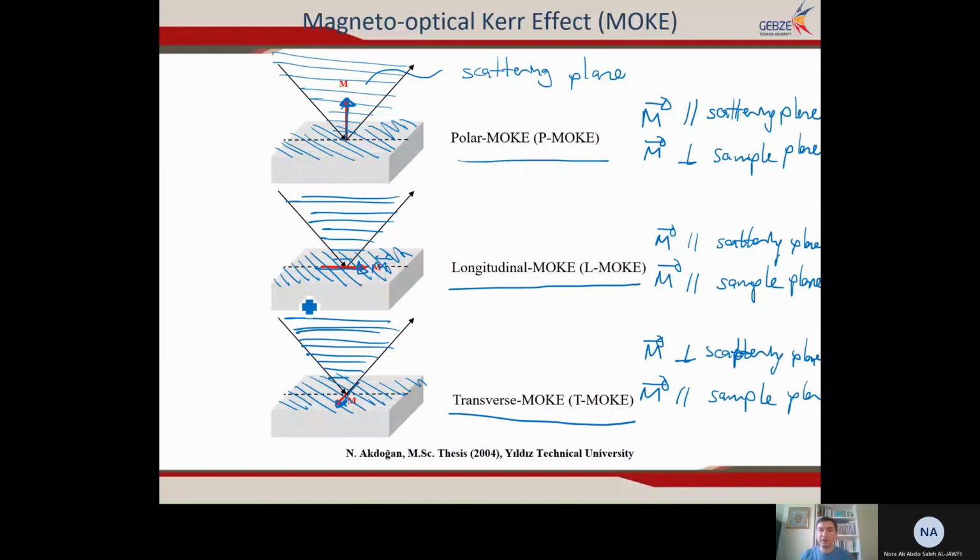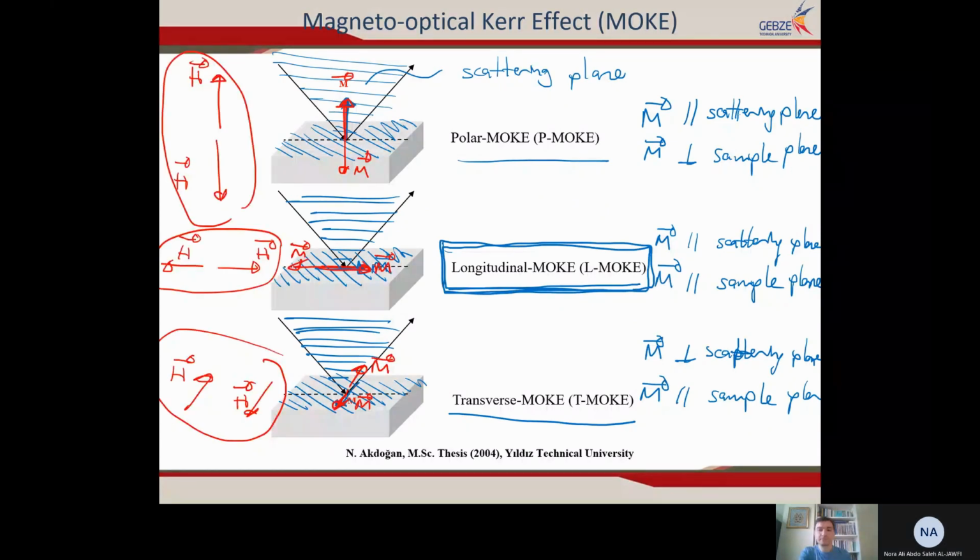So depending on the direction of the magnetization, we have three different magneto-optical Kerr effect geometries. For different purposes, we use different MOKE geometries. In case of XRMS experiments, we use longitudinal MOKE geometry, so we will continue with this geometry. Then let me continue with the XRMS measurement setup.